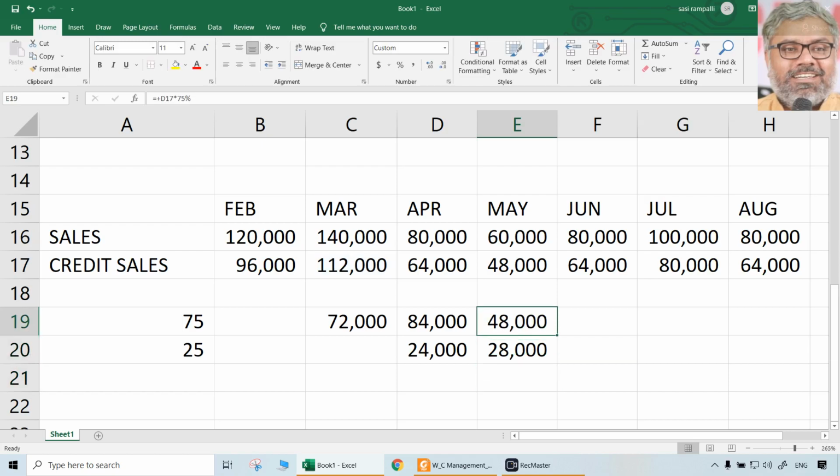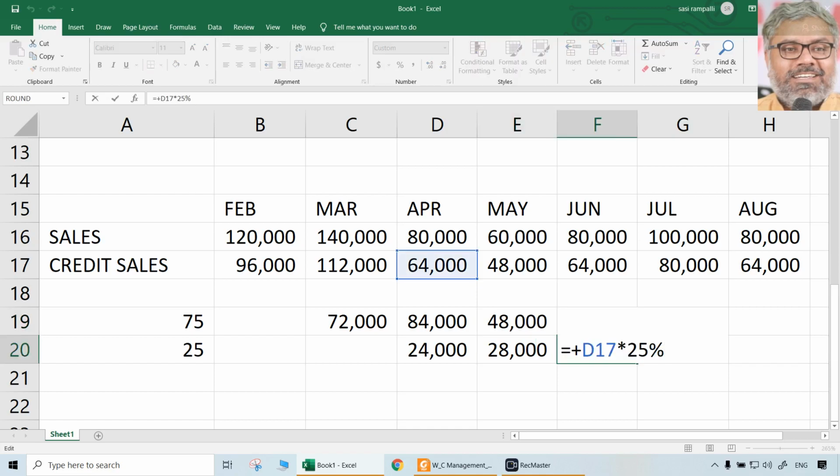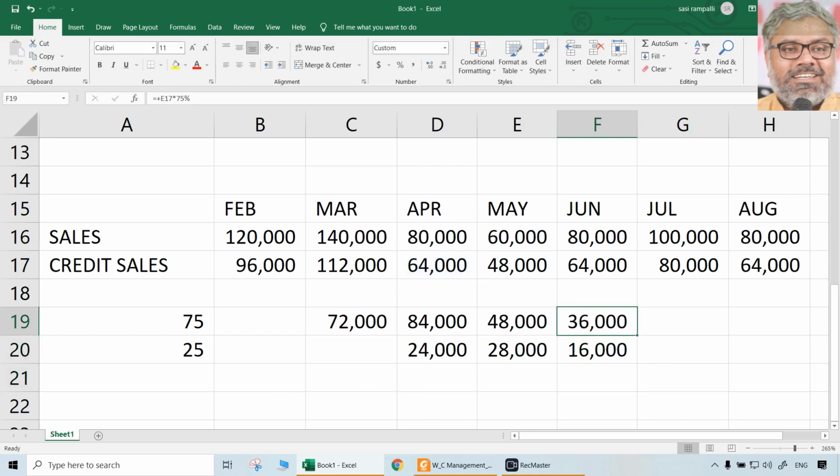Like that, April sales, 75% will be collected in May and 25% will be collected in June. Like that. May sales, 75% will be collected in June, 25% will be collected in July. Same way.